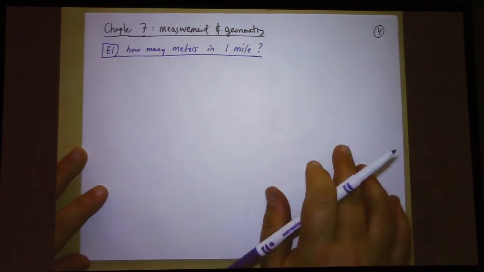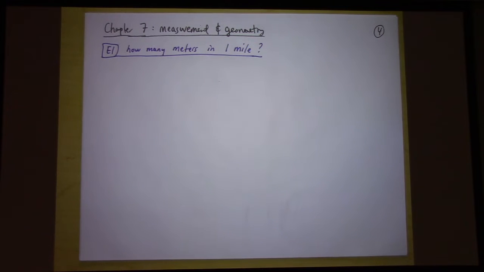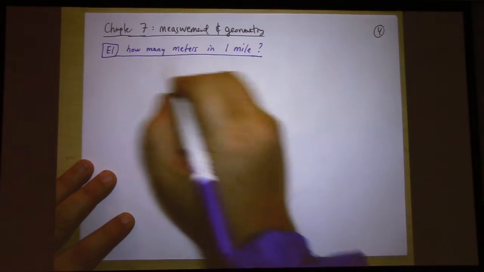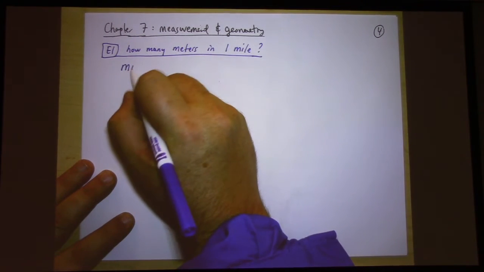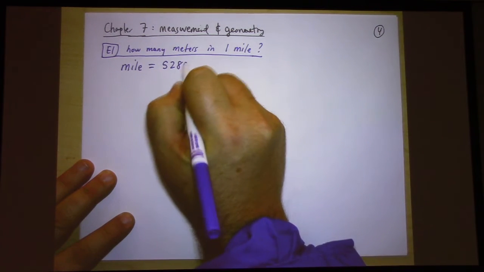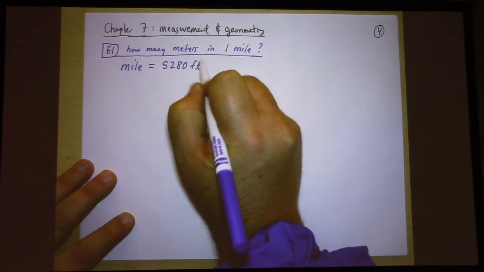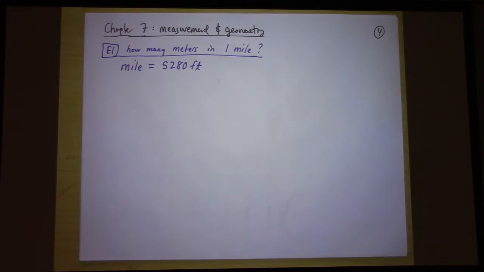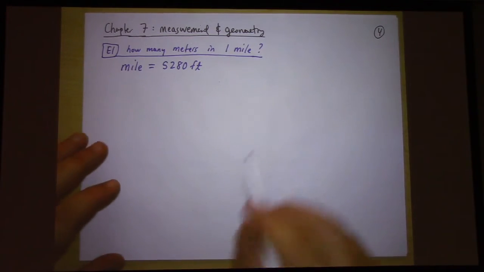So to work a problem like this, we need to be given some conversion ratios, right? Let me share some facts with you. How much is a mile in terms of feet? A mile is 5,280 feet. This is just a regular, typical mile.